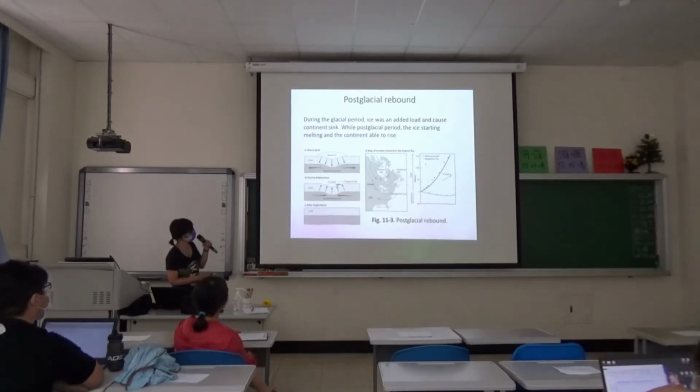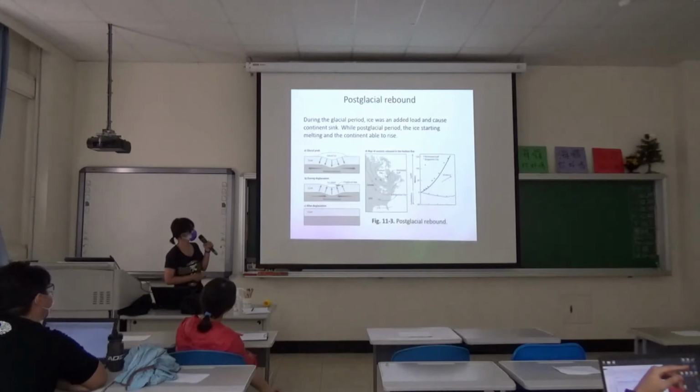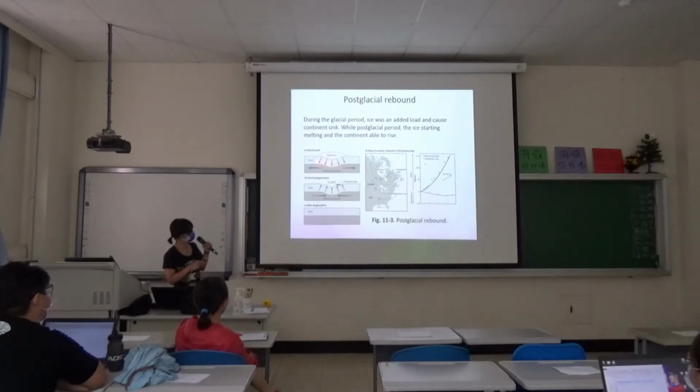This is post-glacial rebound. During the glacial period, ice was an added load and the crust was sinking, while in the post-glacial period, the ice started melting and the continent was able to rise. In diagram A, the glacial ice is an added load on the crust, so the crust sinks and the mantle moves away.